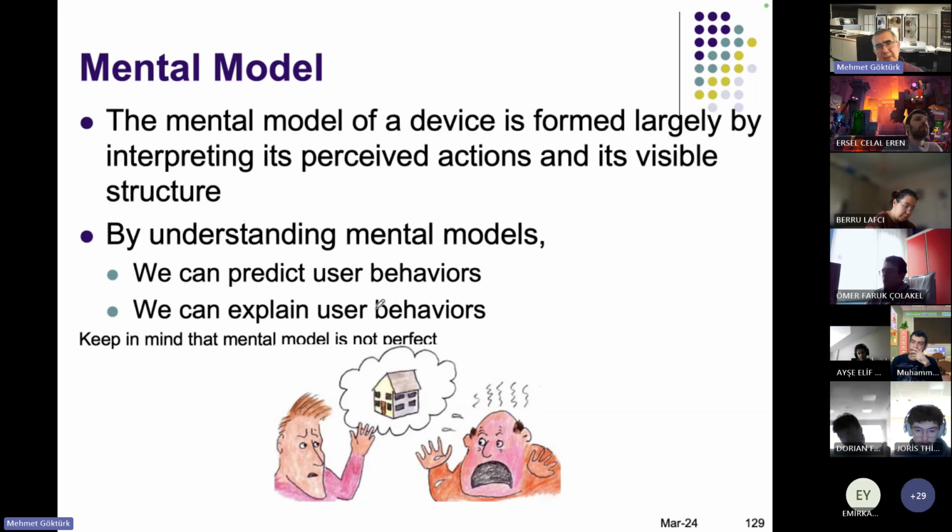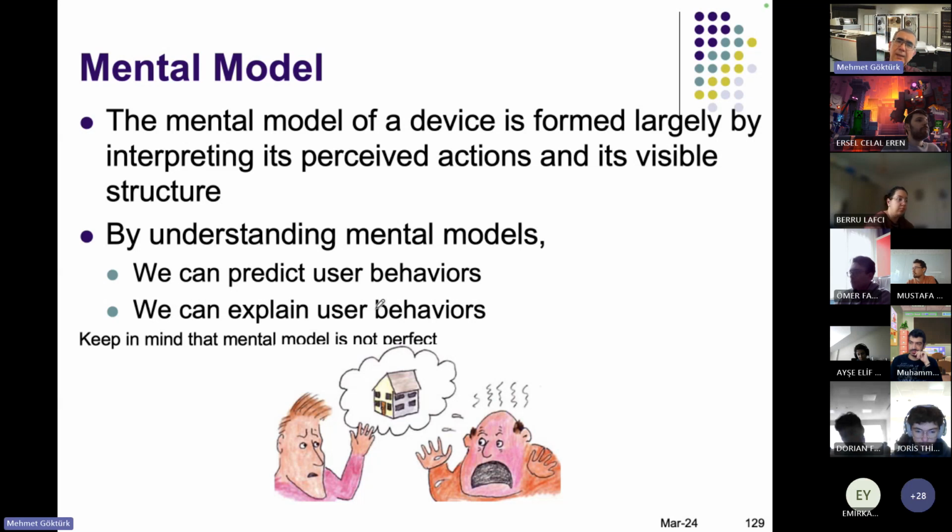Its visible structure tells me that it has one HDMI port, two USB ports, and one SD card, and some other ports. It says, okay, I am going to connect it to an external monitor. My actions are formed by visual appearance because I have seen it.